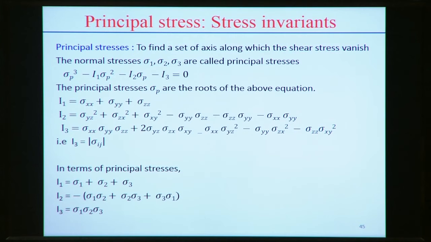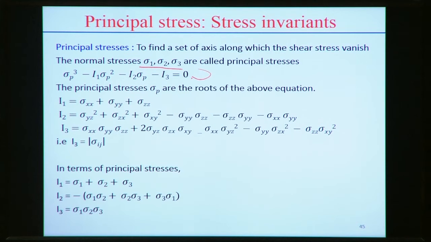Now, in terms of the stress invariants, we can represent the principal stresses, or we can modify the actual equations. When you try to find the principal stresses, they physically represent the set of axes which has no shear stress. So the normal stresses sigma 1, sigma 2 and sigma 3 are called the principal stress values.